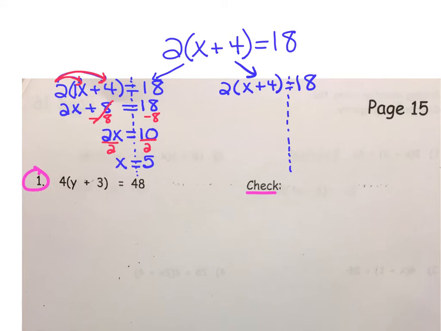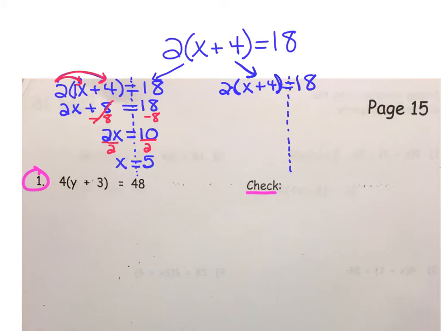Let's take a look at a second technique for solving this equation. We know that 2 times this quantity equals 18. The 2 is a factor and the quantity is the factor.